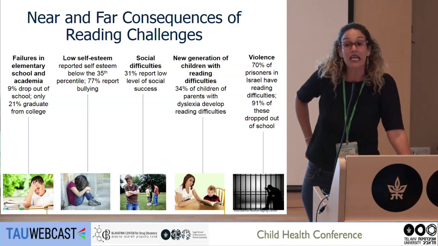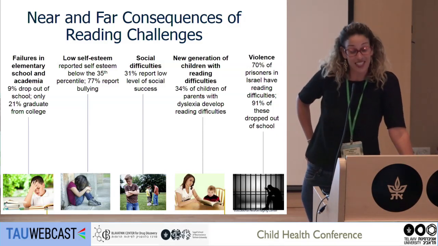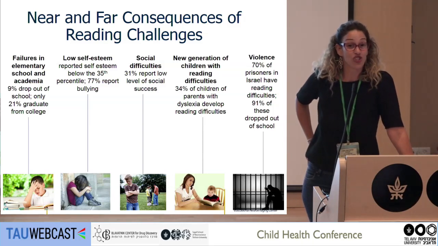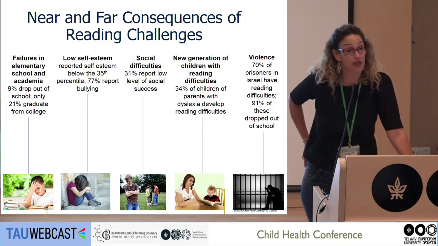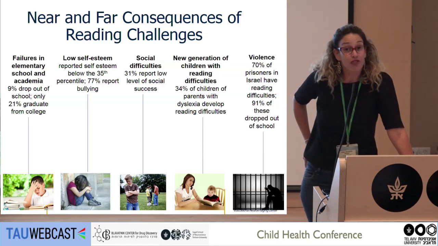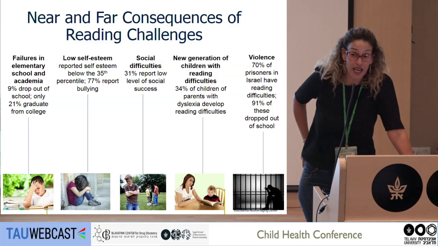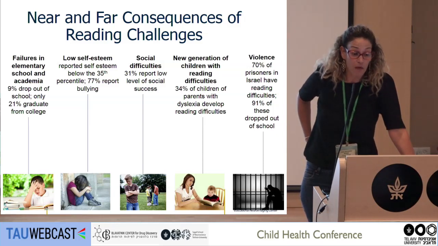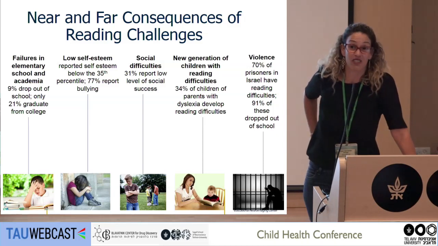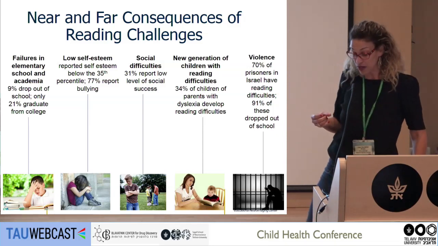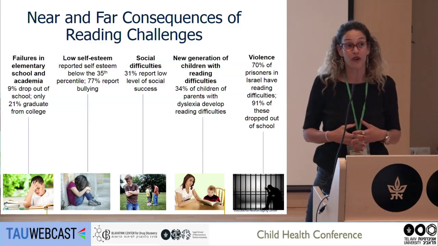The statistics report that 90% of the children who fail to reach the average reading ability at the age of 9, which is 3rd grade, will find themselves in prison 10 years later. I know it sounds robust, but this is why this issue is very, very important.